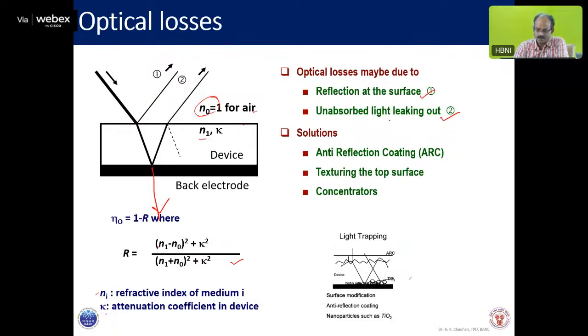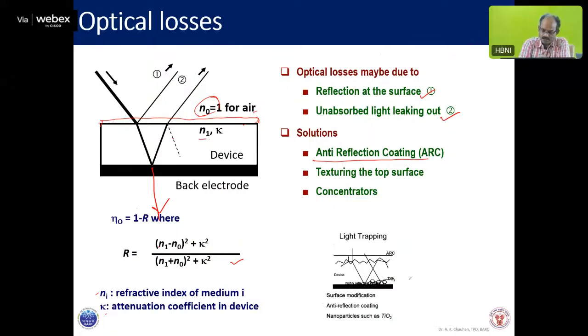What are the solutions to minimize these losses? One is coating with anti-reflection material, an anti-reflecting coating, called ARC, which is normally provided over the surface. Or you can texture the top surface.